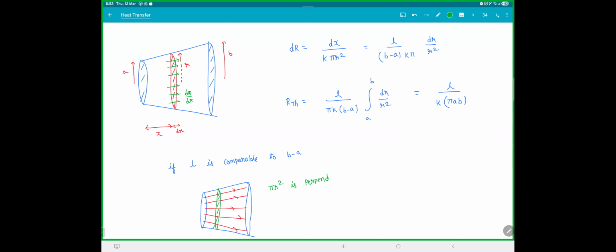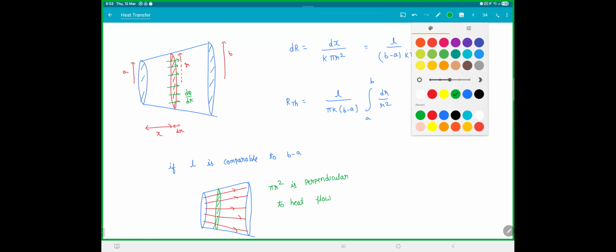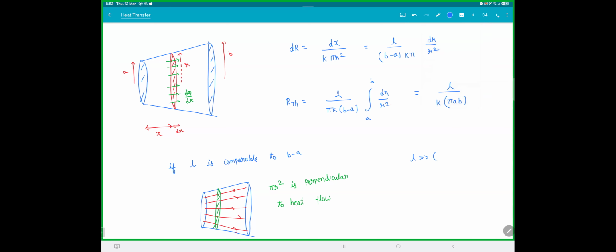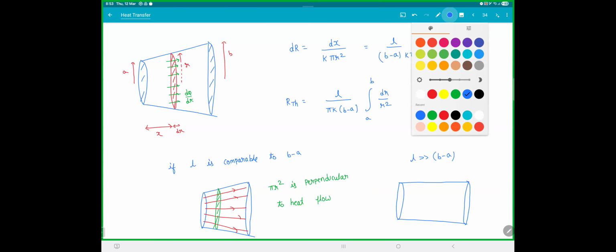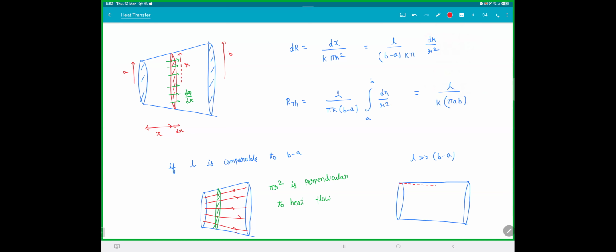You can't solve this problem if L is comparable to A. So when you took L much, much greater than B minus A, this thing actually looks like a cylinder only. It is so small, you can't even tell the difference. So we are talking something like this. So this is B minus A, almost negligible. So we are solving for actually this diagram.